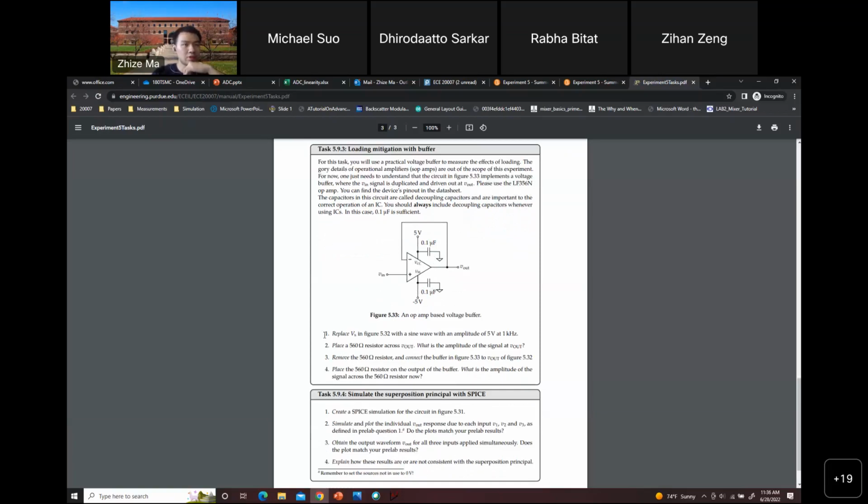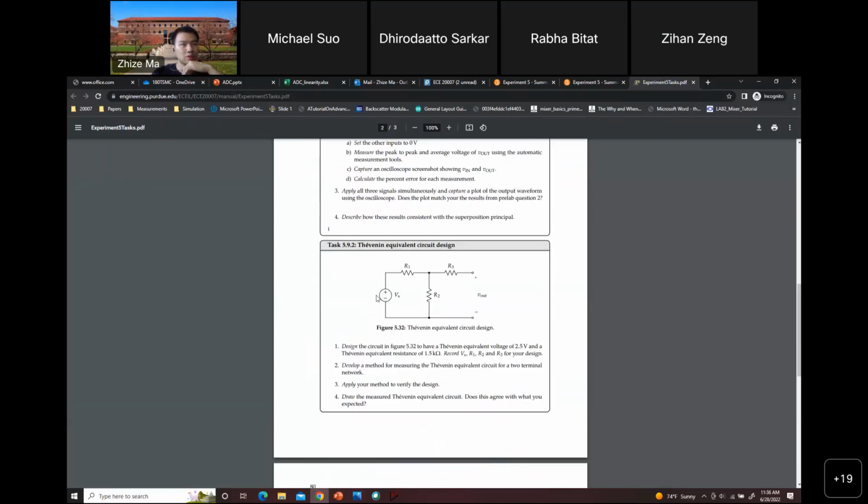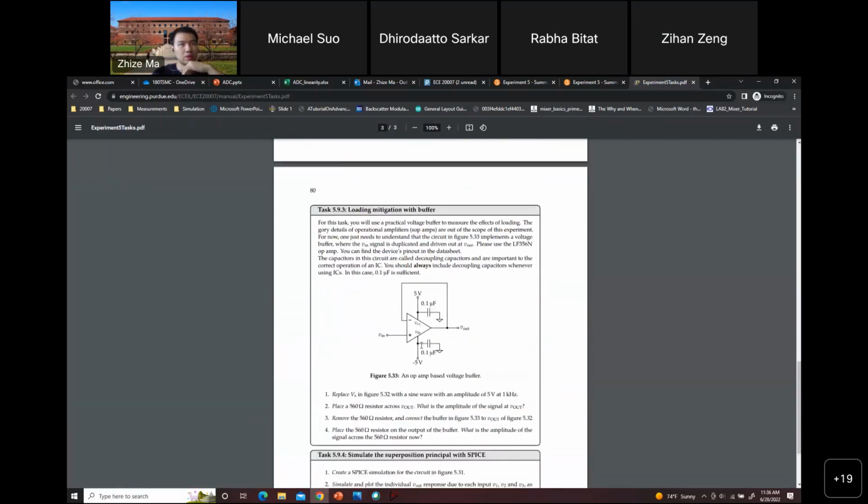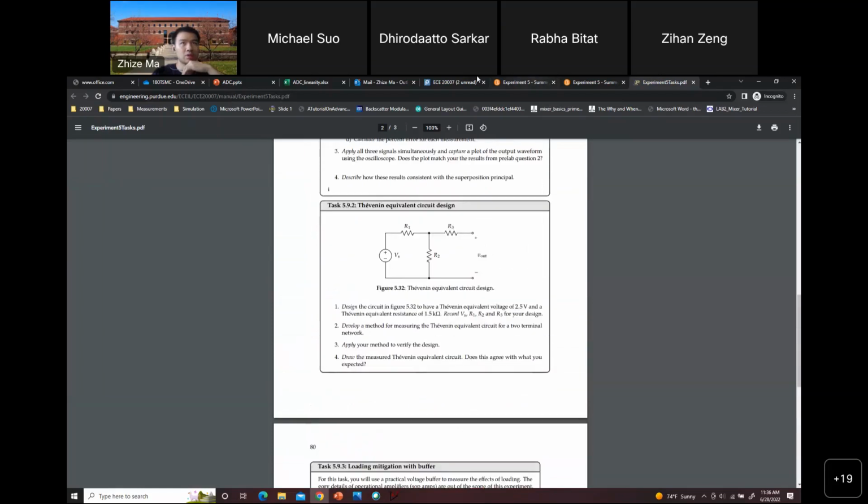So in step number 1, you replace the VS in figure 5.32, which is this circuit right here, with an AC signal, and then you place a 516 ohm resistor at the output, which means you put your output resistor right here.